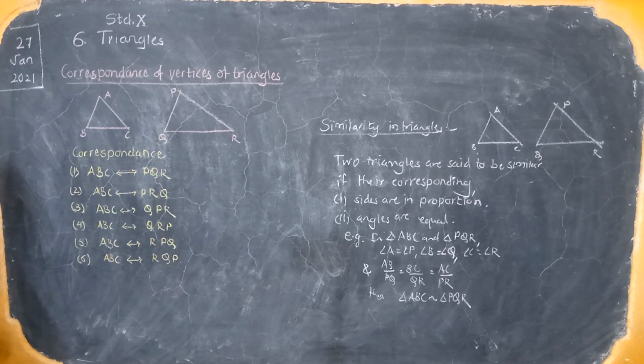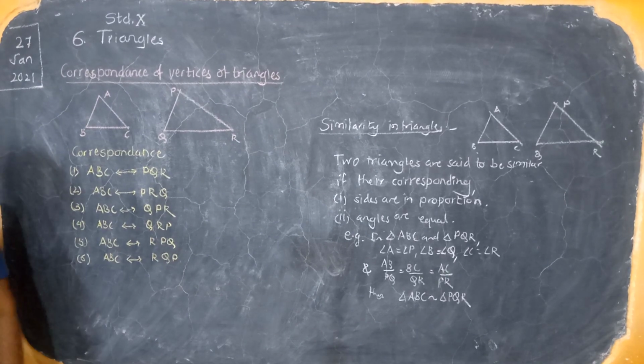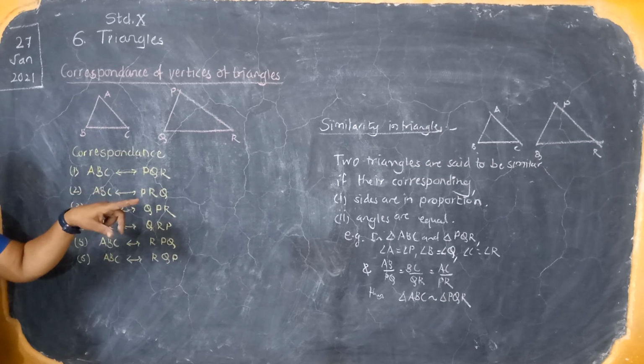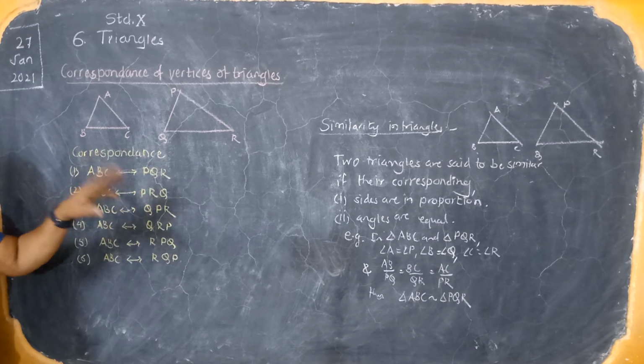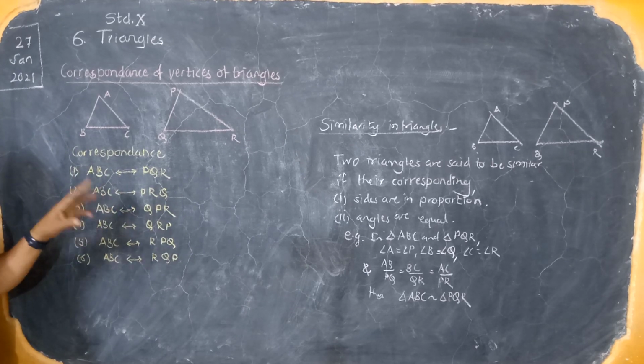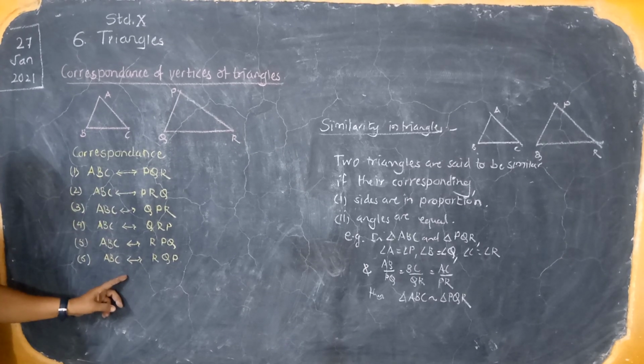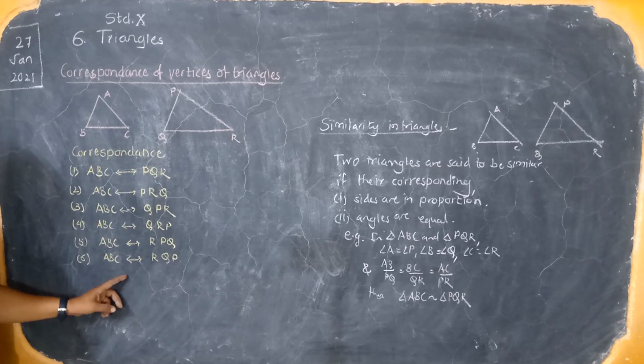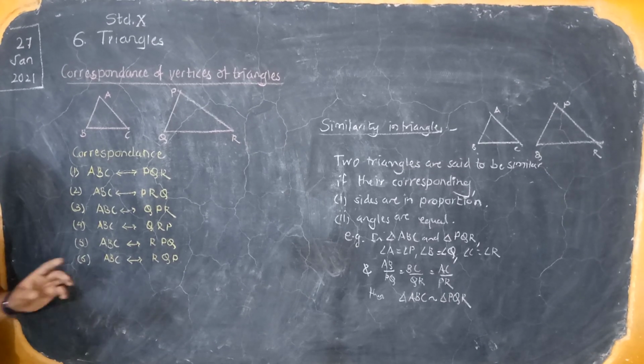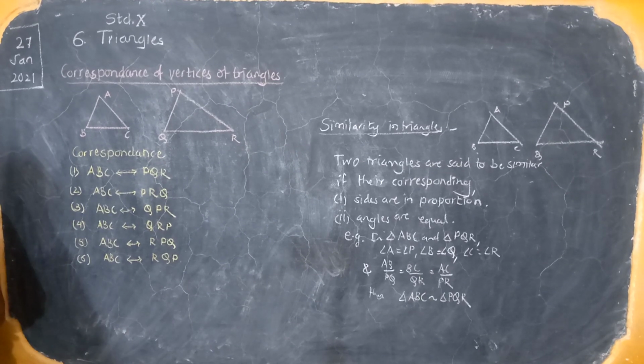That is, the vertices of any two triangles can correspond to each other in six ways. You must take into consideration any one of these correspondences. That's why the correspondences are important.